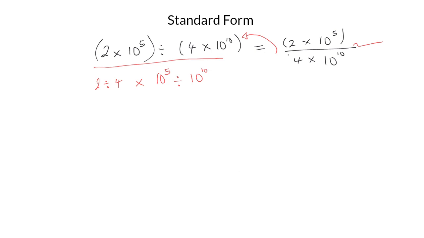Now, don't get confused. I can also show you using this. These are the front numbers. So you can break it down and say this is 2 divided by 4. Now, multiplication, we just take one of the multiplication signs as 10 to the power of 5 divided by 10 to the power of 10.